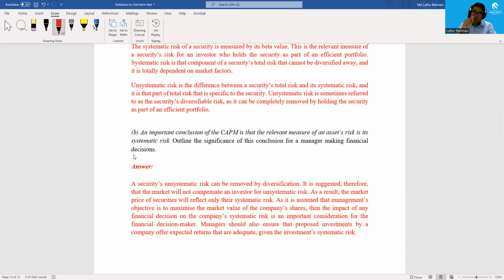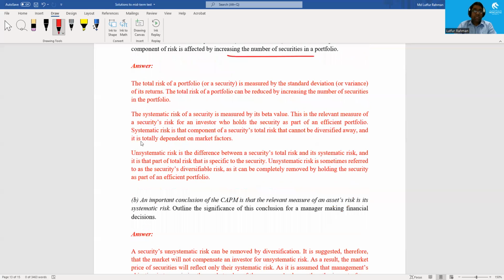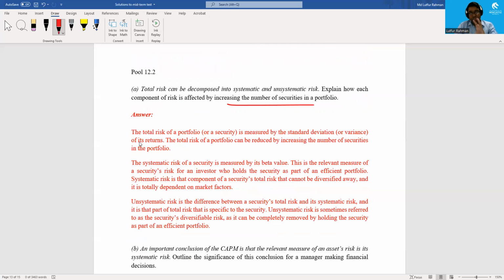Managers also should ensure that investors get sufficient compensation for the systematic risk they take by investing in company equities. Okay, so this is the answer to the second question in the pool.